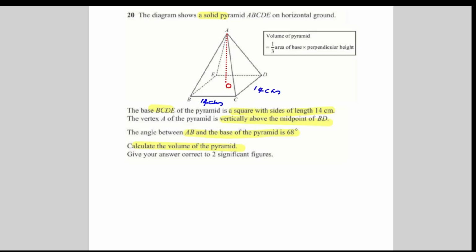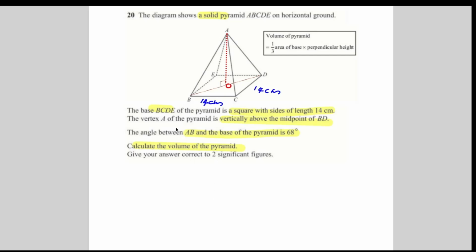And if I draw here the line, this diagonal and this perpendicular line, they meet up. And this line is 90 degrees.